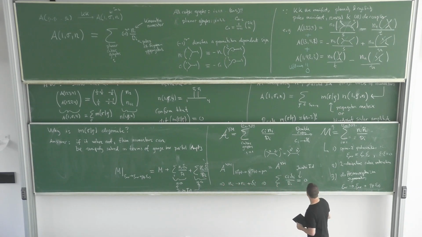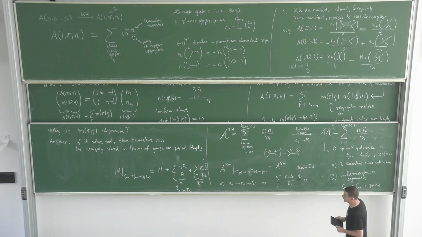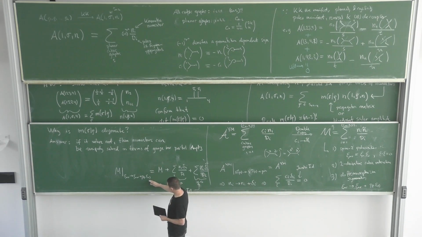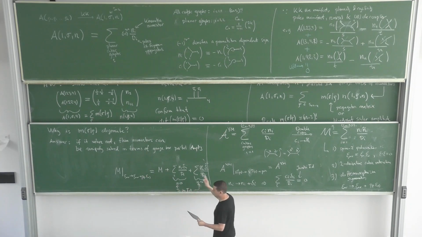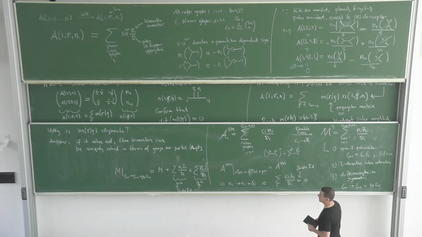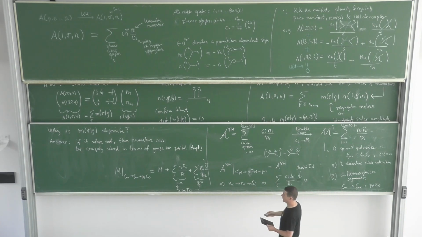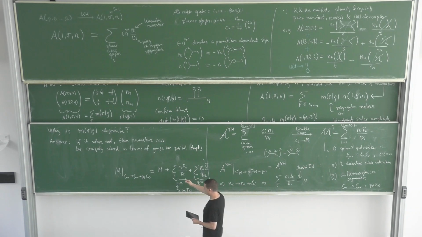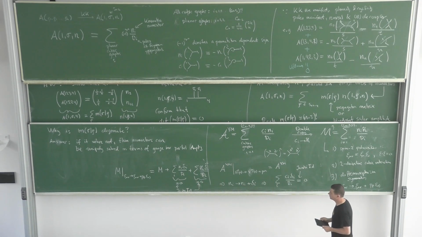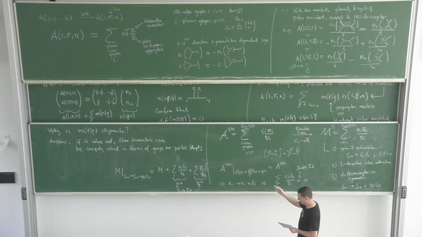So this shows that the linearized diffeomorphisms will leave the amplitude invariant, and since this was true for essentially all the tree-level amplitudes, it shows that this gives something which is diffeomorphism invariant, at least at the tree level. You can generalize this argument also to the loop level.